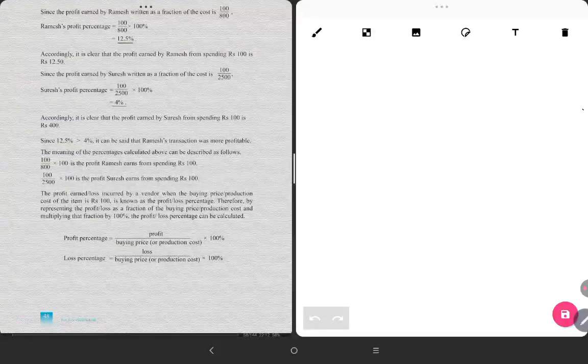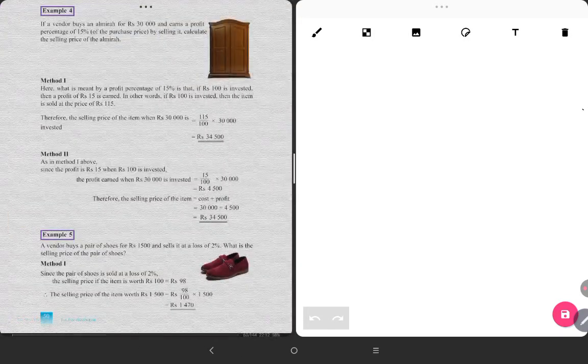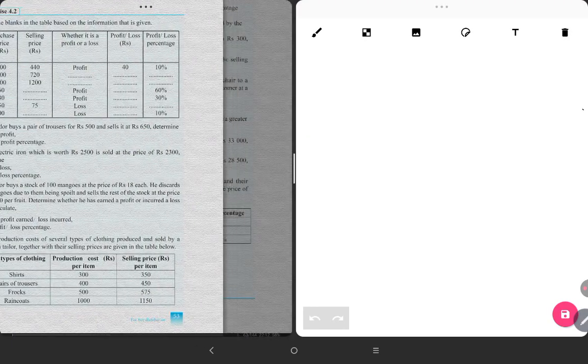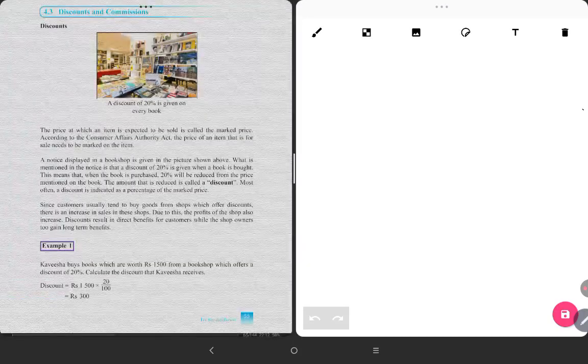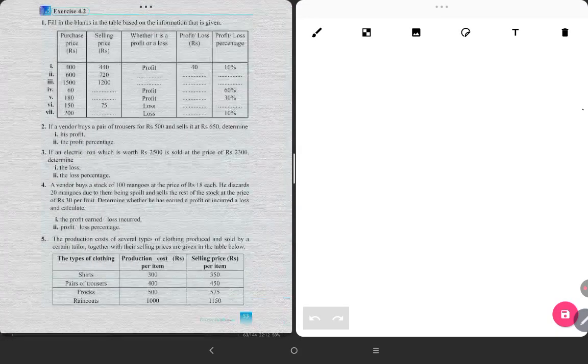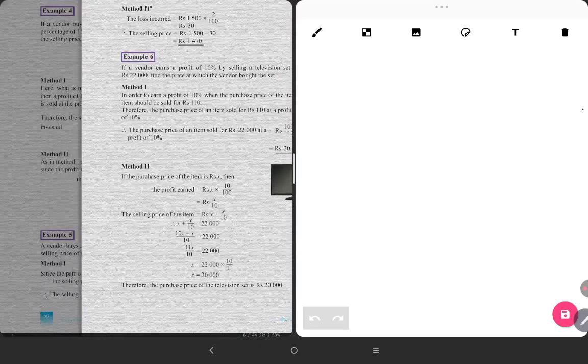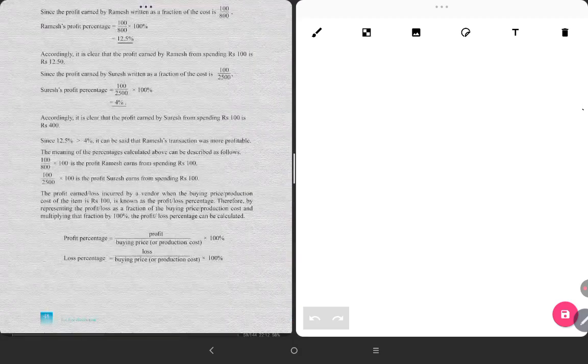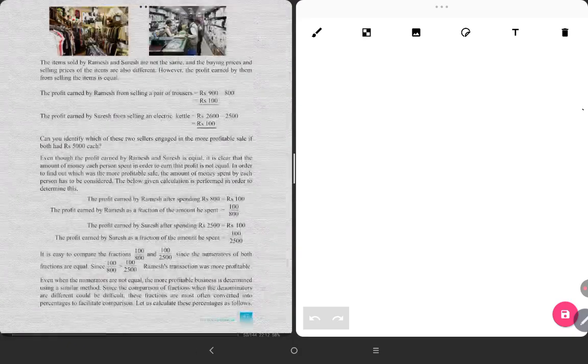Percentages are used in those scenarios as well, and percentages are used in calculating various discounts and commissions too. So this chapter in this textbook does a very good job explaining these things with various practical examples. We'll dive into those.